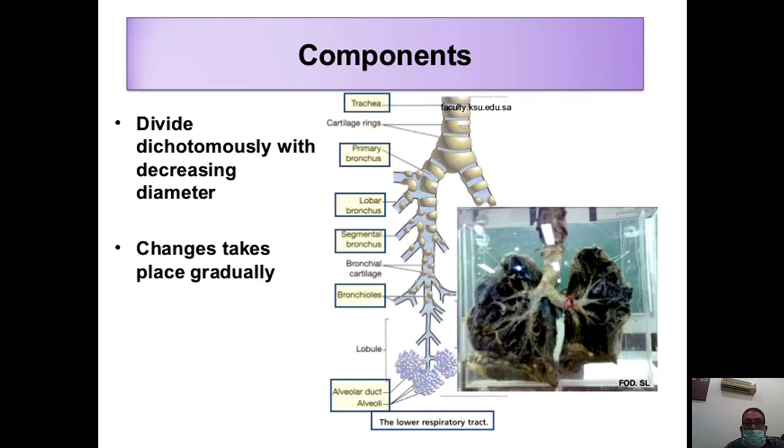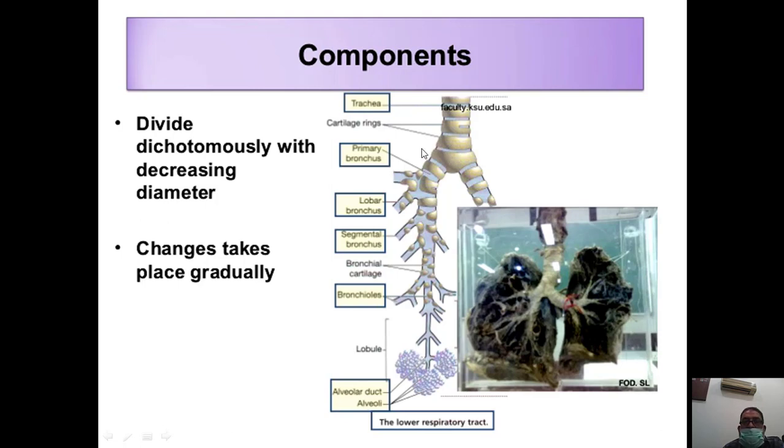Now these are the detailed components of the respiratory system, starting from the trachea, divided into principal bronchus, and then the lobar bronchus, segmental bronchus, then the bronchioles, and then the alveolar ducts and alveoli.